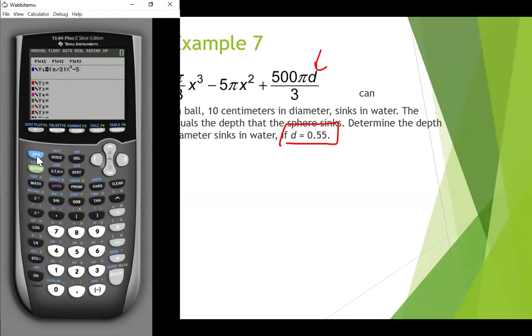Minus 5 pi x to the second, right? And then plus parentheses 500 times pi times 0.55, because it told me the value of my d, divided by 3.